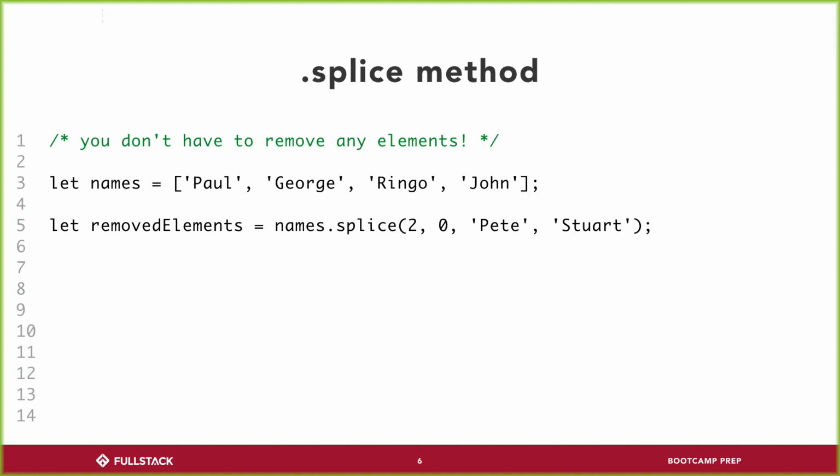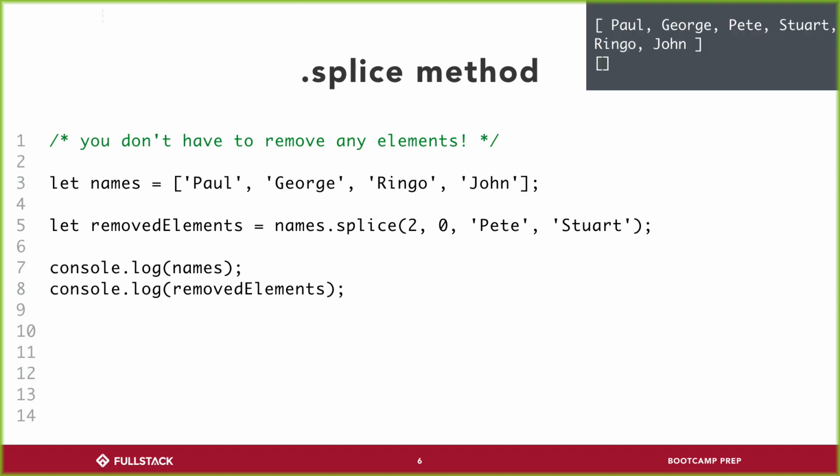So you don't have to remove any elements. In this case, this kind of functions like a push. But you can push in at a specific index, which is nice. Push only adds to the end. But here you're adding Pete and Stewart in between George and John.